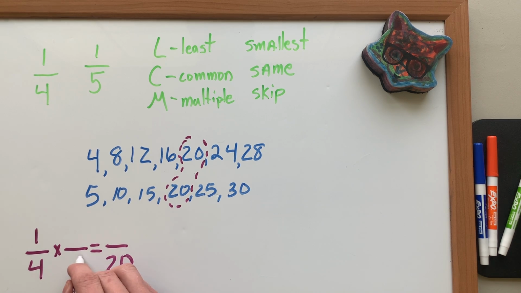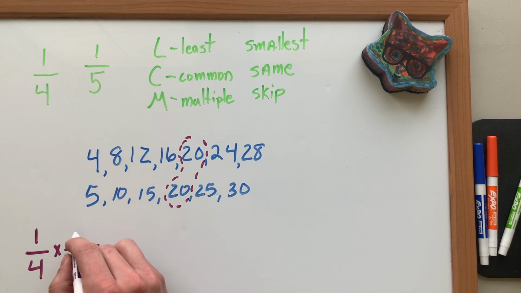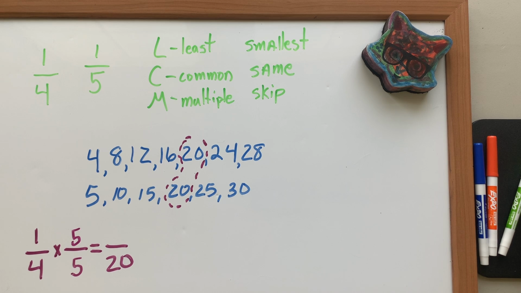Yeah, 5. 4 times 5 is 20. A special 1 is a fraction where the numerator and the denominator are the same. This has a value of 1. 1 times 5 is 5, and so 5 over 20 is our equivalent fraction to 1 over 4.